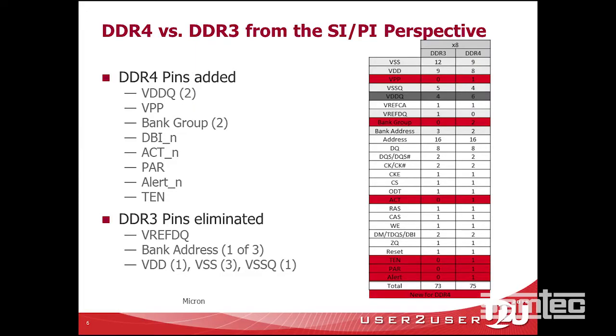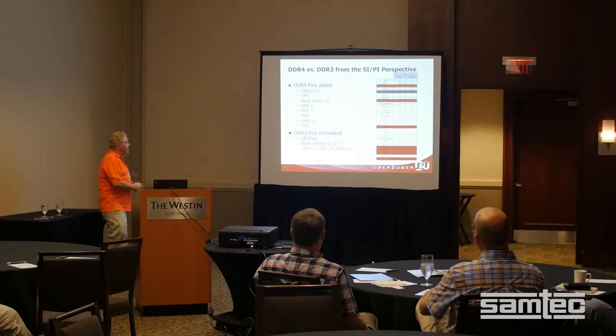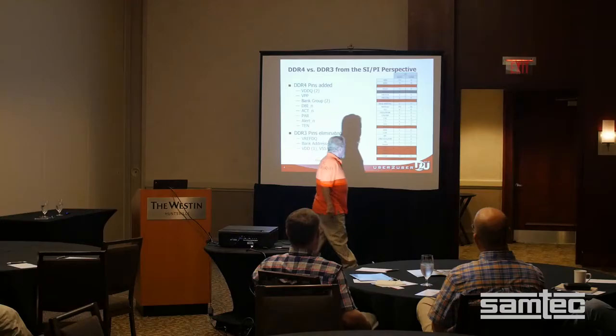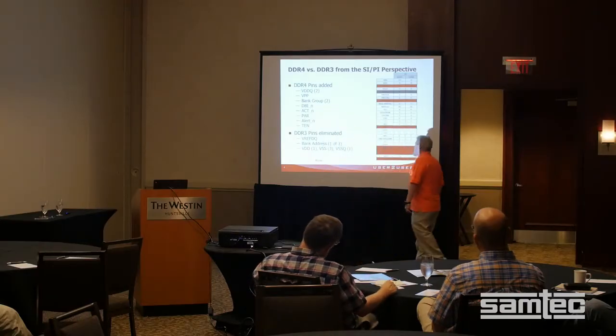It is for the military, and that was about it. They're kind of used to not having it because it hasn't been around for so long. Here's a list of the pluses and minuses, how many they added, how many they took away. Notice they added and took away, so the only difference is, I think, 2 pins. And you can see which ones they added and which ones they took away. For most of us, we probably won't even use it.